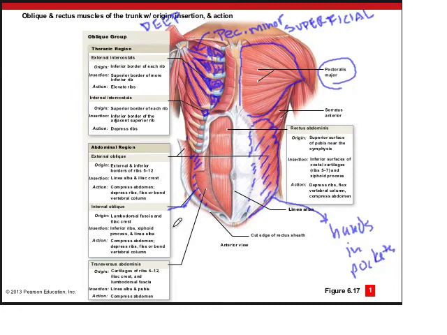The origin is the lumbosacral fascia and the iliac crest, and the insertion is on the inferior ribs, the xiphoid process of the sternum, which is a little bump on the inferior aspect of the sternum, and also the linea alba. Right? And what does he do? Well, he compresses the abdomen, he depresses the ribs, and he flexes and bends the vertebral column. So he helps the external oblique do its job.